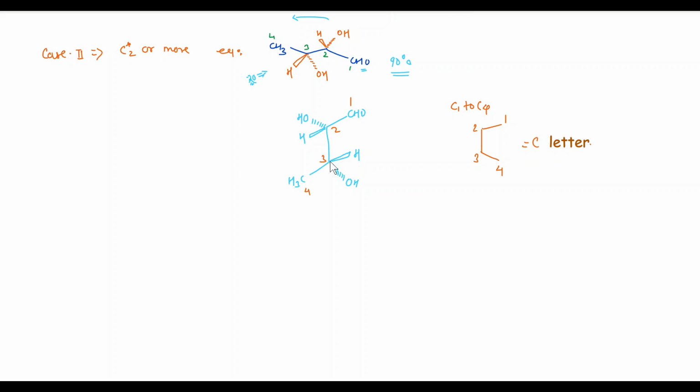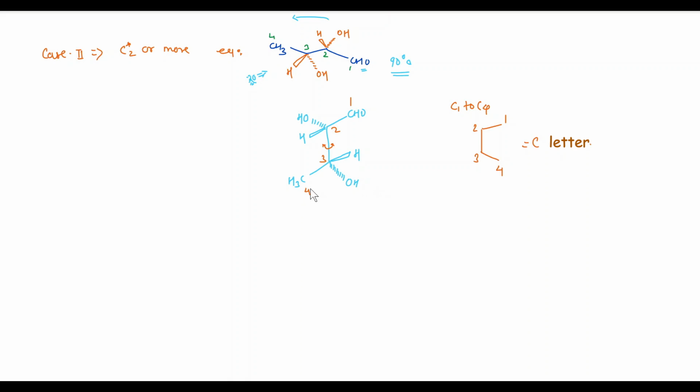That means the position of substituents in the 360 degrees will not be changed. And now we will rotate this carbon 2 carbon 3 bond in the clockwise or anti-clockwise direction as we like. But we have to shift this CH3 group from the left-hand side towards the right-hand side. This group will be completely shifted from left to right.